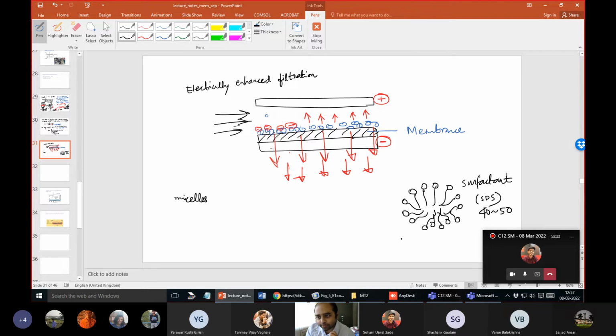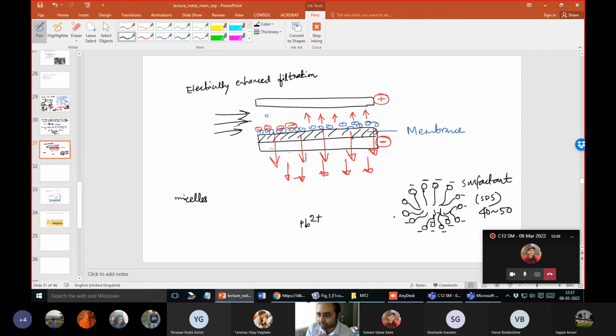So what you could do is this: the dissociated lead ion is positively charged, right? And generally the anionic surfactant, which is SDS, has a negative charge on its head. SDS is sodium dodecyl sulfate.